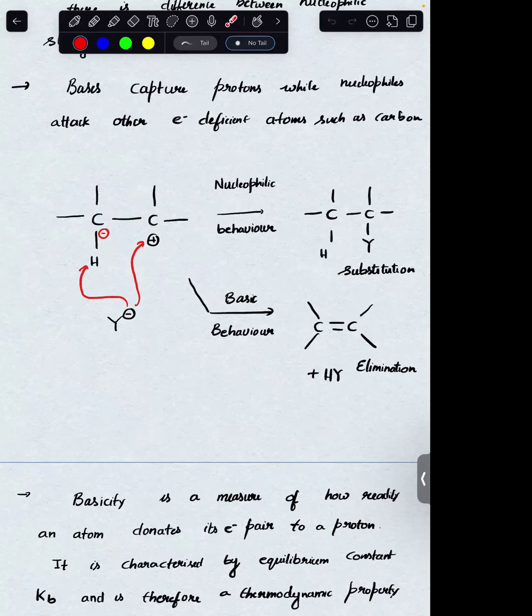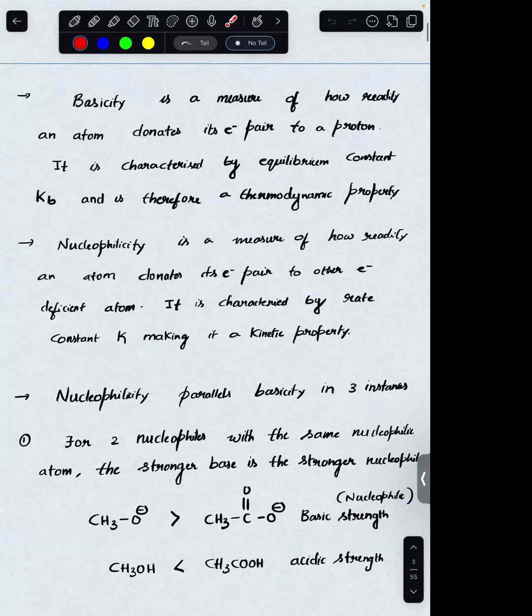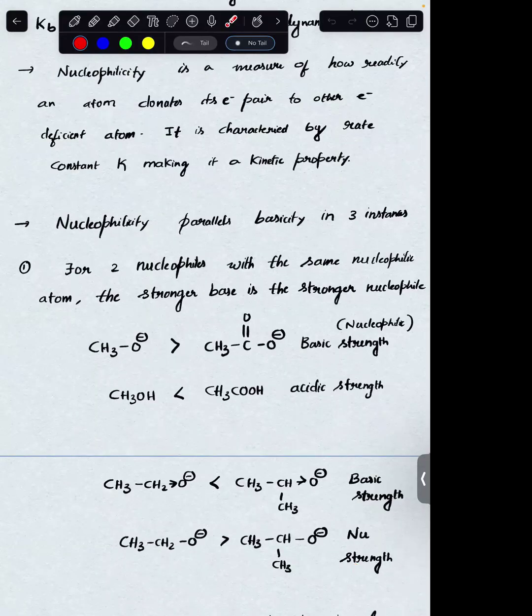So you will have some amount of steric hindrance because of its bulky nature. As a result, the nucleophilic strength will be decreased. So in this case, you have exactly the reverse order of nucleophilic strength. That is, this is a better nucleophile when compared to this because of its smaller size.